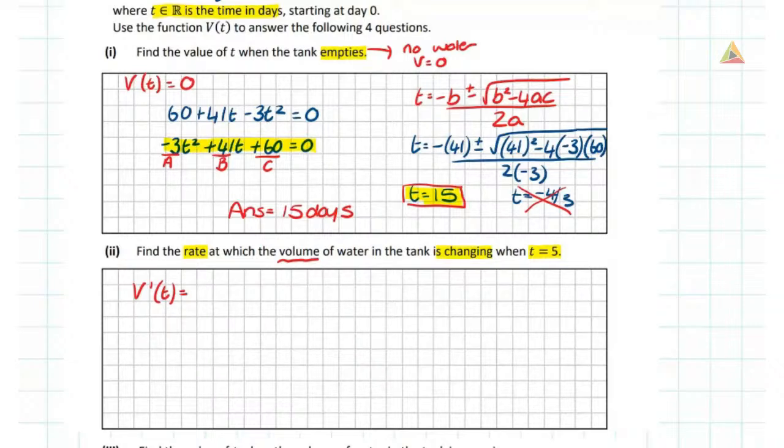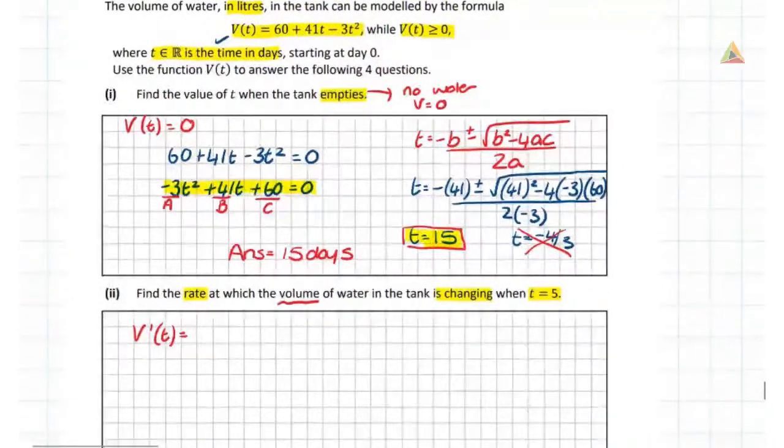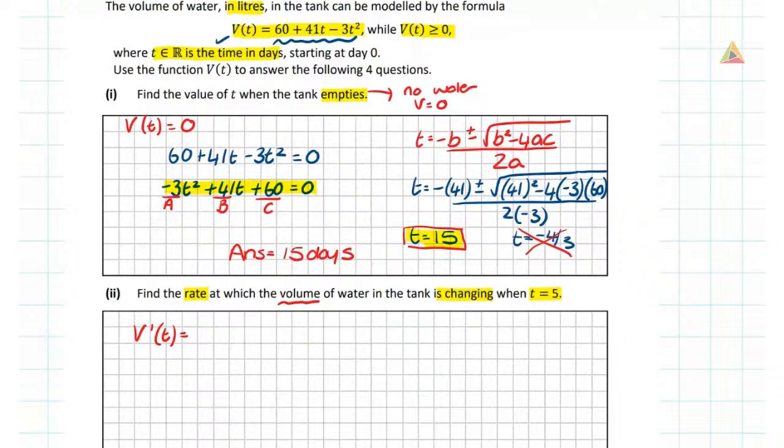So I'm taking my volume function from up here and I'm differentiating it. So when I differentiate 60, a constant, that goes to 0. 41t, I just drop the t, so I'm left with 41, and minus 3t squared. So I'm multiplying down by the power, minus 3 by 2 is 6t, and I'm reducing the power by 1, so it's 6t to the power of 1 there, if you like.